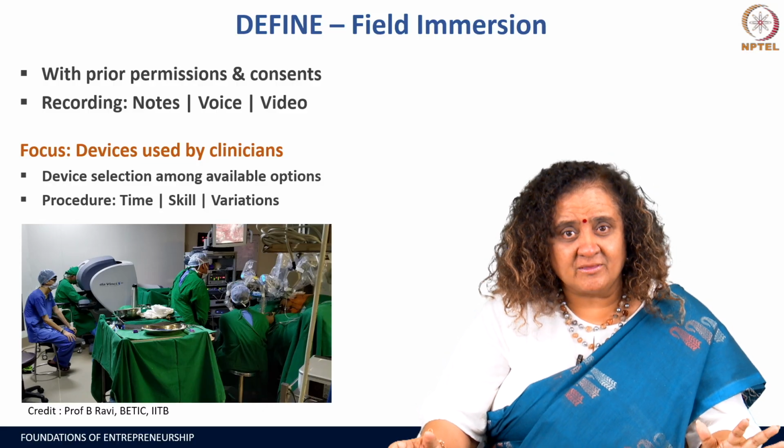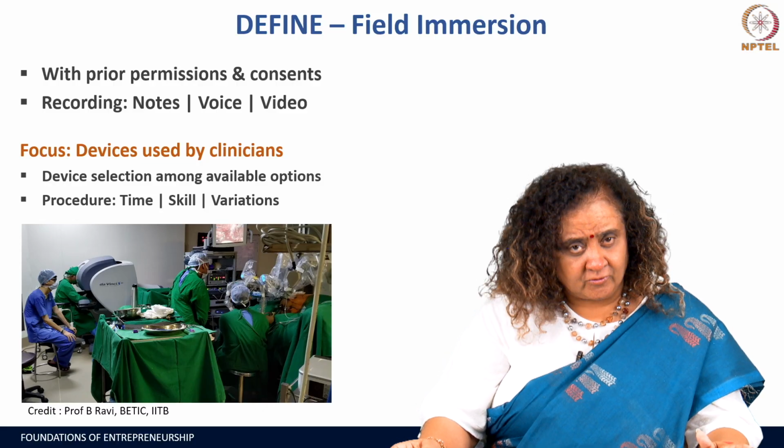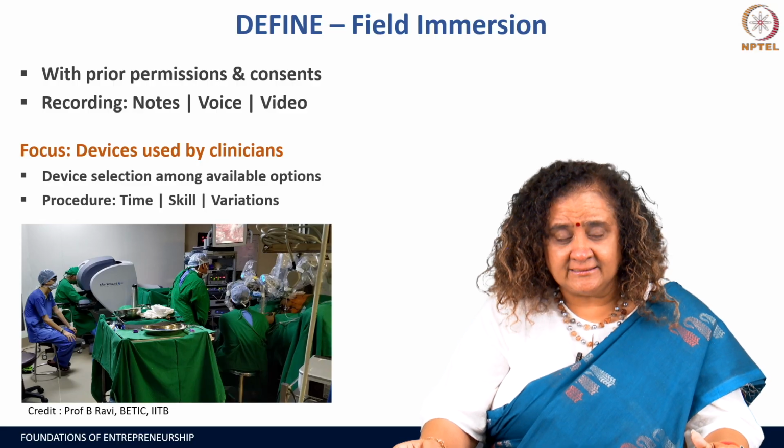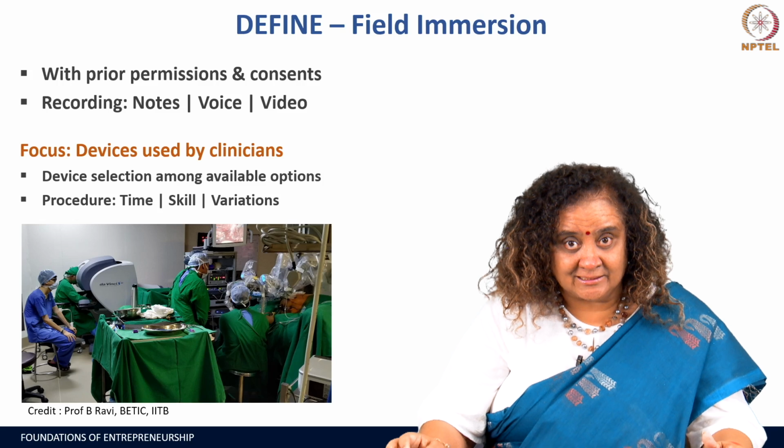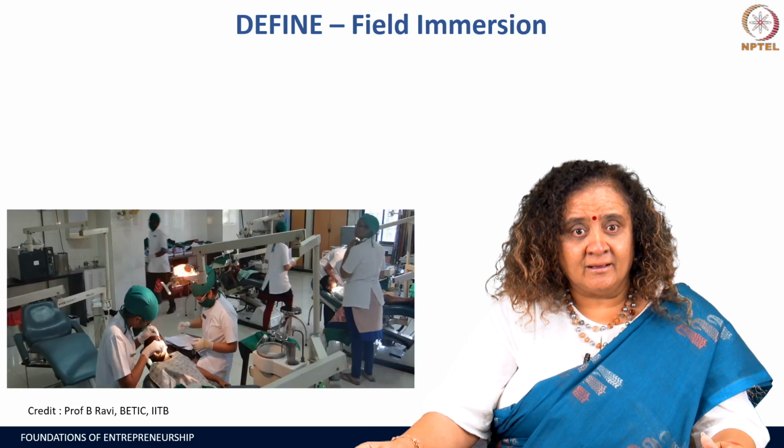And the first step in the process is observation, of course with prior permissions and consents. And if you are recording something, then even more permissions and consent is needed.